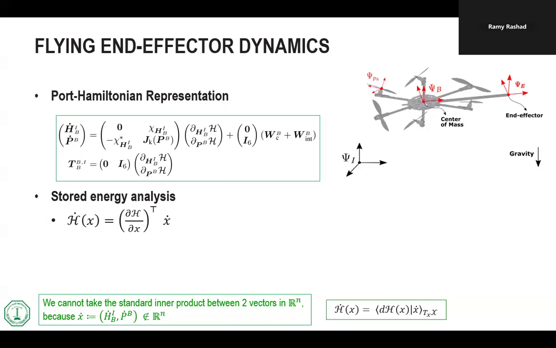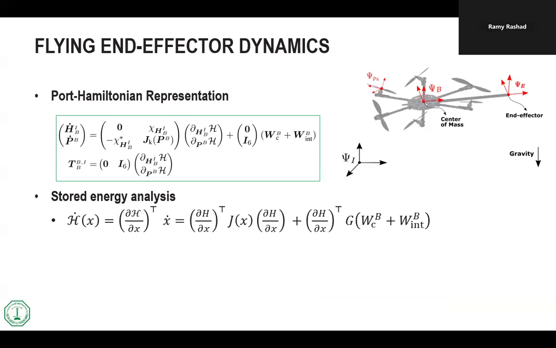And you take this covector and pair it with the vector x dot in proper spaces. You need to define a duality product, things that are a little bit nasty. But in the end, I'm just going to write in these slides like this: partial h by partial x transpose multiplied by x dot. But keep in mind, this is not 100% precise. There are still more technical difficulties that we need to take into account.